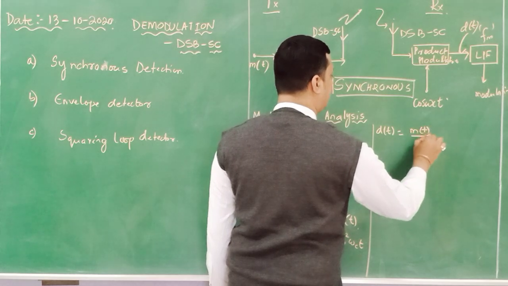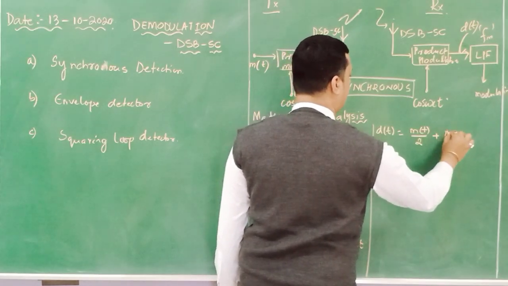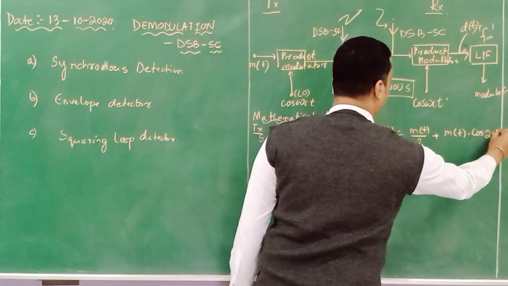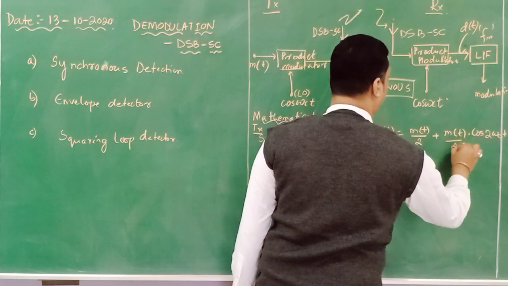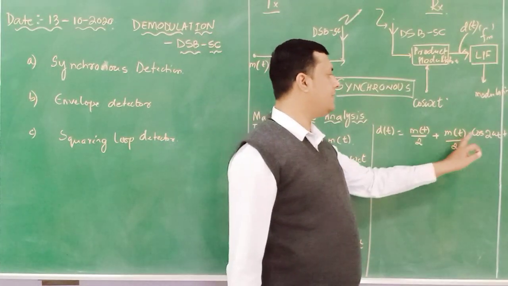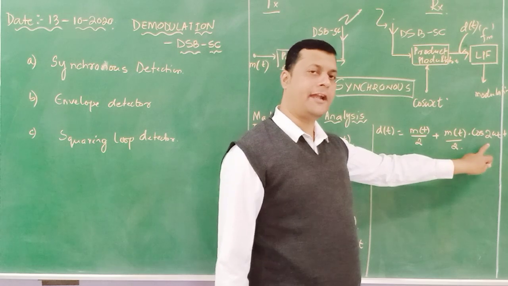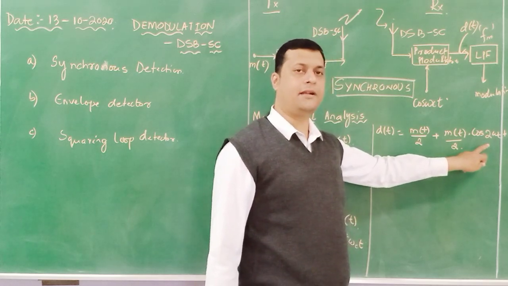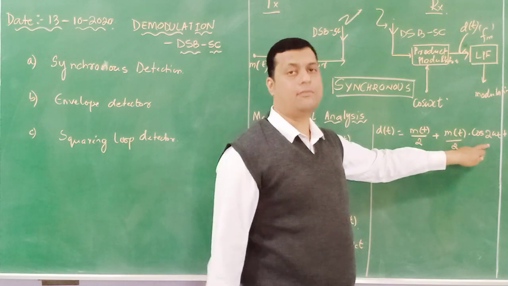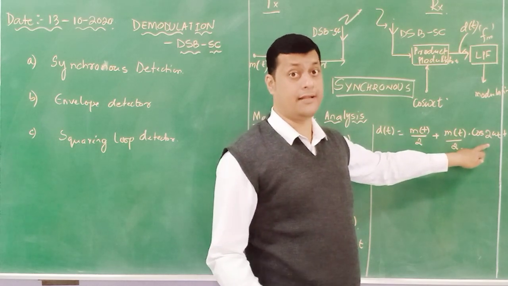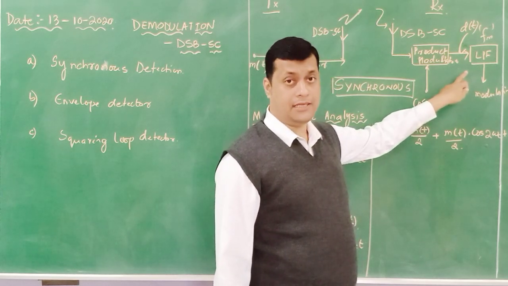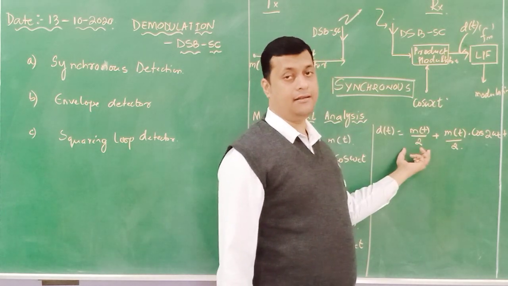One component will be M of t by 2, one component will be M of t cos 2 omega ct whole divided by 2. Now you can see that this particular part is a sideband, having upper sideband and lower sideband, but it is for the second harmonic frequency, which is the higher frequency, which will be suppressed by the low pass filter, and only the modulating signal it will extract.